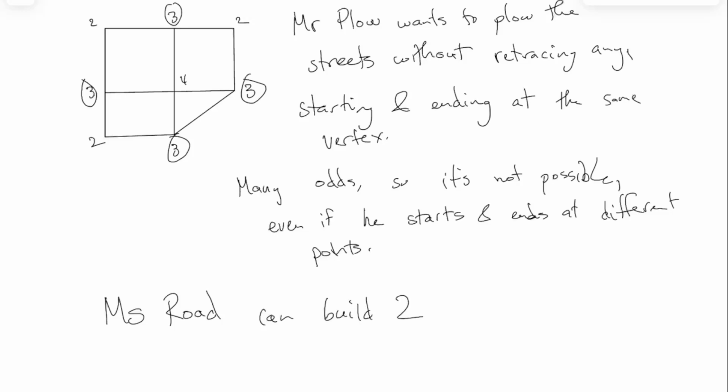Ms. Road can build 2 new roads to make Mr. Plow happy. If you're allowed to add 2 new roads, can you make it so that Mr. Plow can live out his dream of driving around each road once without repeating any? Anybody see how this is possible?